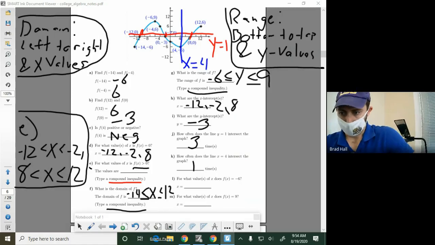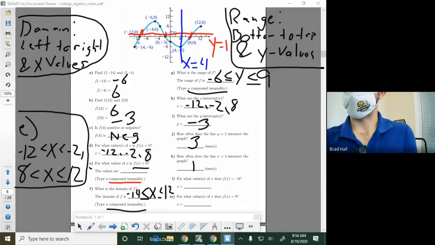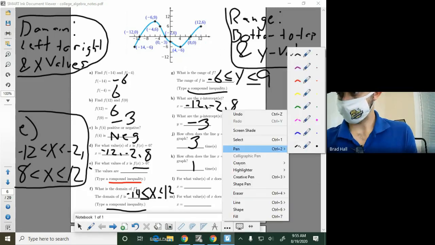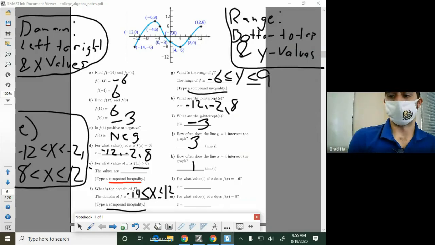Finally, for what value or values of x does y equal -6? So let's erase some of these details up here. What values of x correspond to y equal to -6?